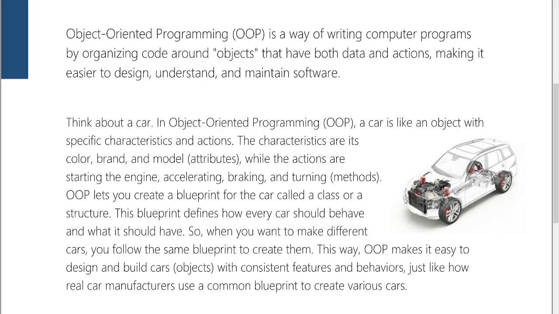So when you want to make different cars, you follow the same blueprint to create them. In the same way in software, object-oriented programming makes it easy for us to design and build the cars, the objects actually, with consistent features and behaviors.